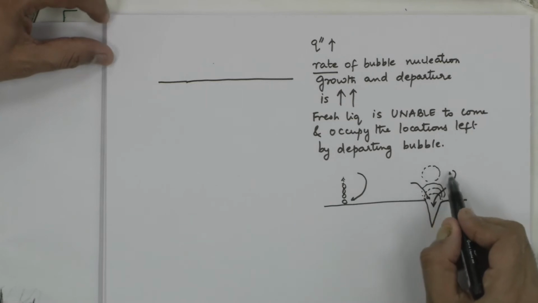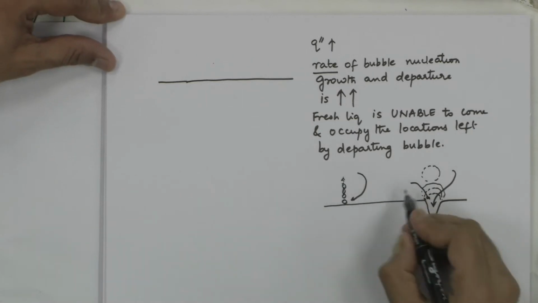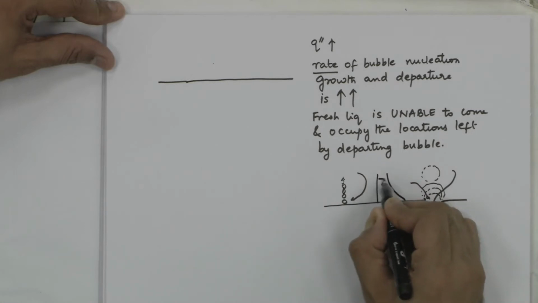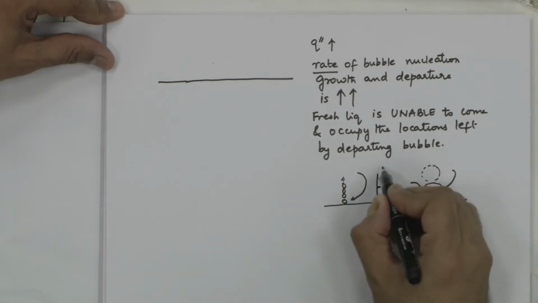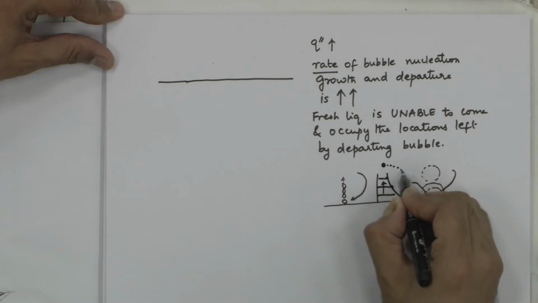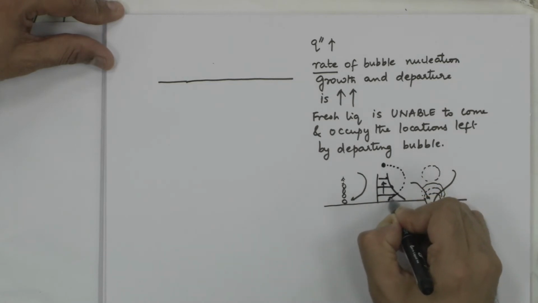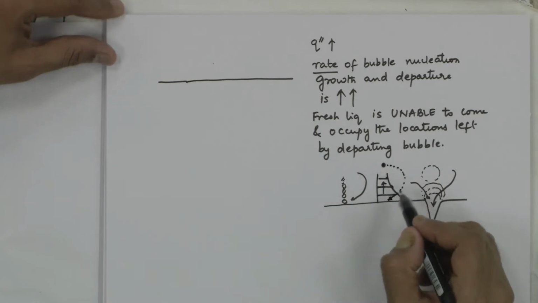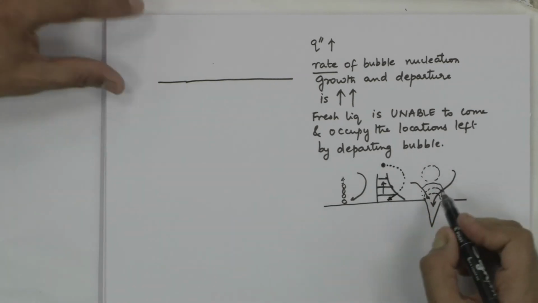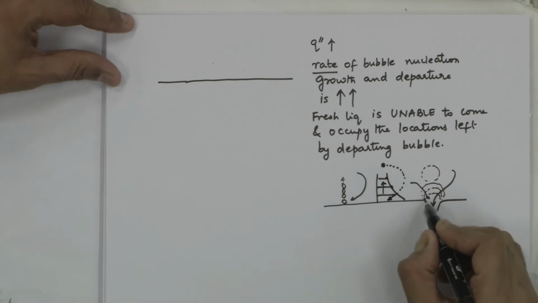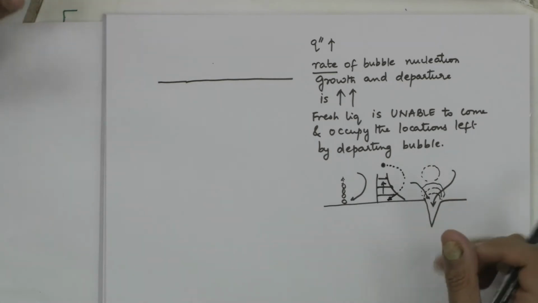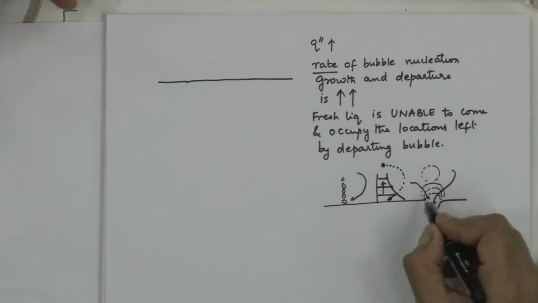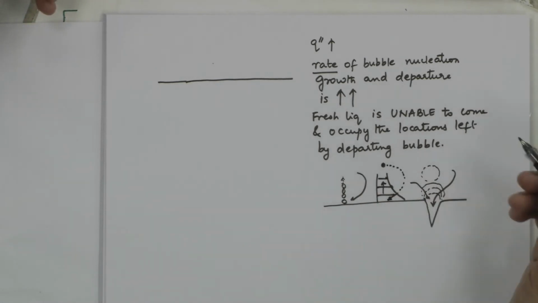Remember, wall temperature is the highest, and temperature decreases as I go along this way. So, a liquid here, when it comes into this portion, is coming into a high temperature environment. So, already this is near saturation. When it comes here, it is really ready to nucleate, and when it comes and fills the cavity, it does not require any additional time to nucleate. So, the bubble growth is so rapid.